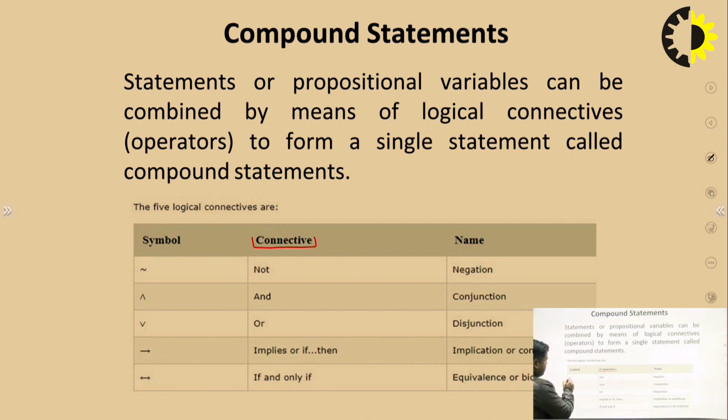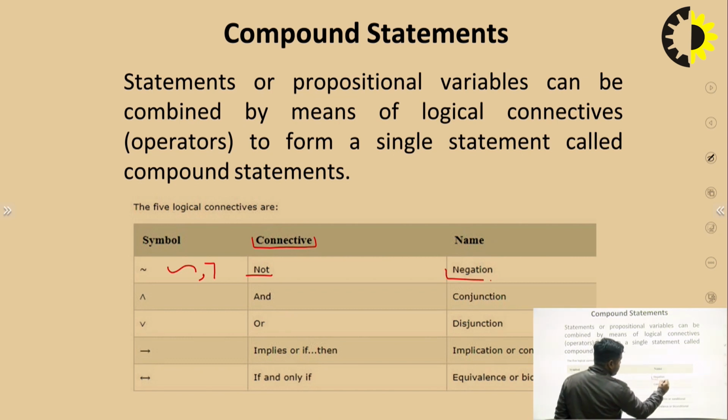If the symbol is not clearly visible, this is the not symbol. We can say this is not, and its name in propositions is negation.